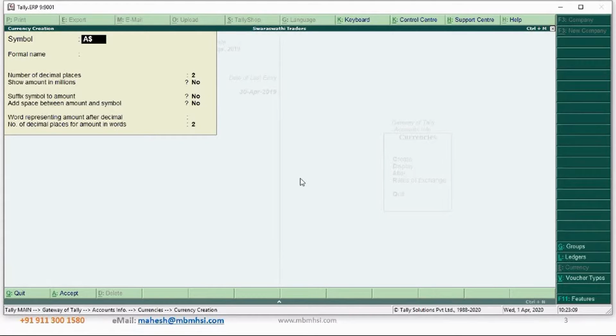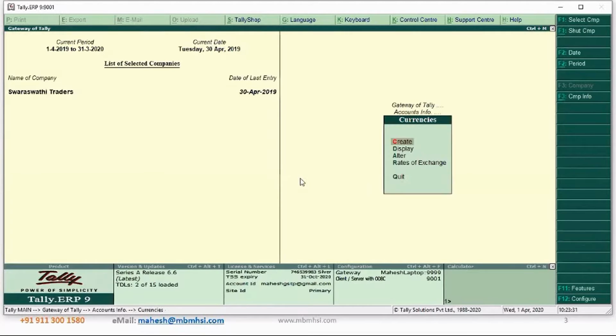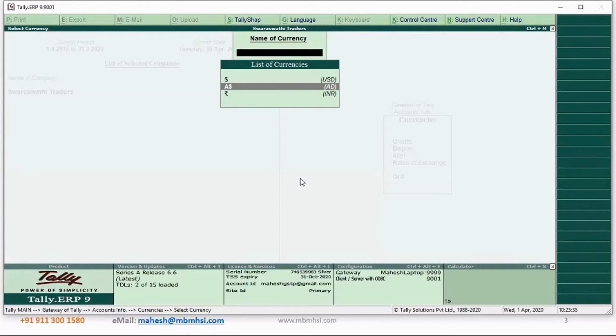Okay, I'm just saying $, Australian dollars. Okay, formal name is AD, Australian dollars. Okay. I just created one more. Similarly, you could create whichever the currencies that you want. Right? So I have 3 currencies now. One is base Indian rupees, one is US dollar, one is Australian dollars.